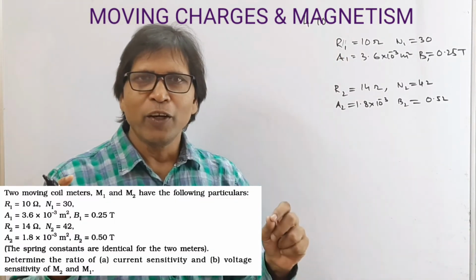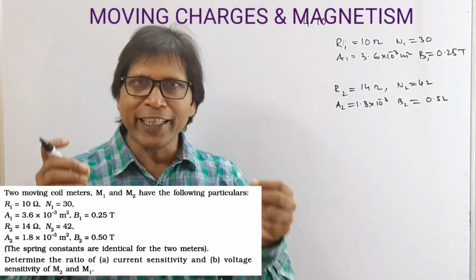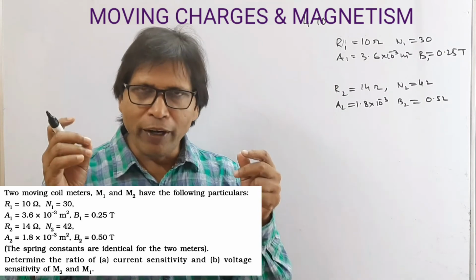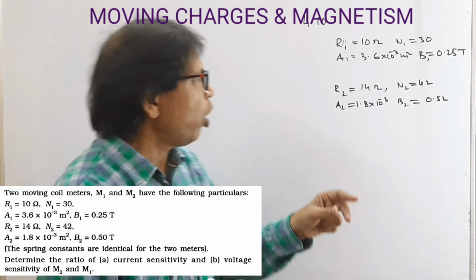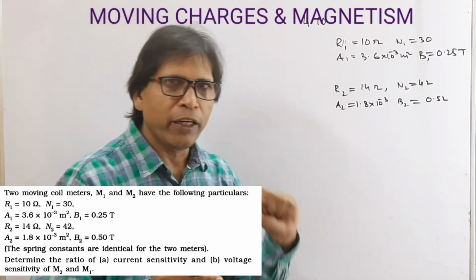Now, question 4.10. We have to find the ratio of current sensitivity and voltage sensitivity of two galvanometers having these specifications.